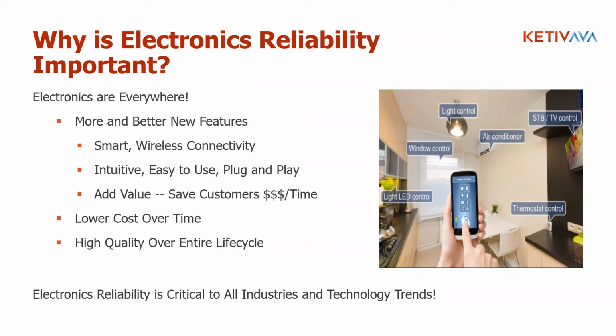And so we are presenting this webinar to go over how we can improve reliability using simulation, trying to make them more intuitive, save customers money, lower costs over time, and have higher quality over the entire life cycle.